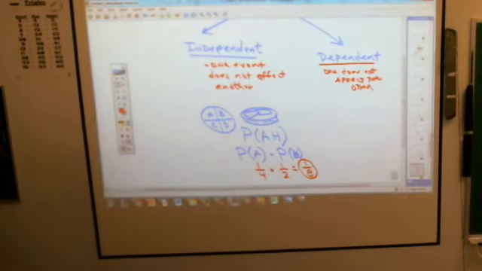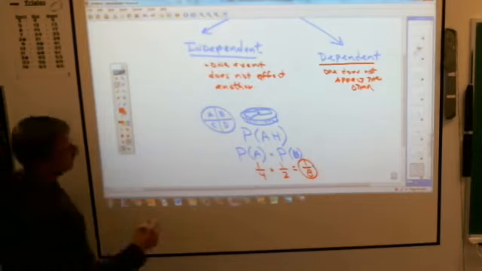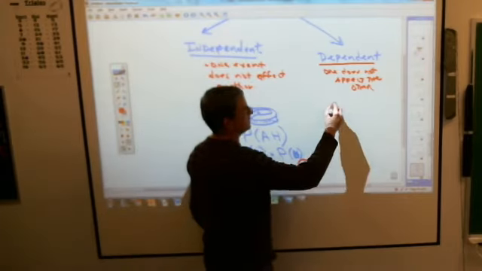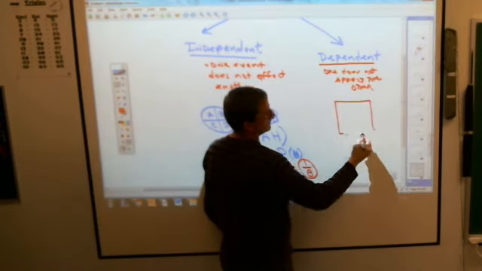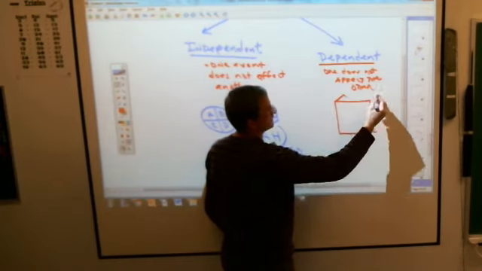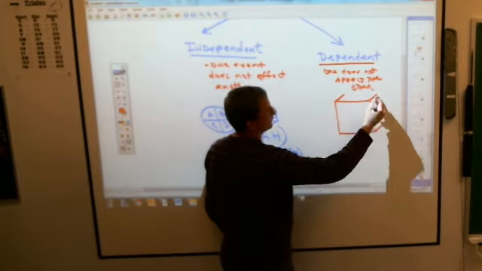Now, the other one, dependent, would be this. Let's say you've got a bag. Let's say it's a brown paper bag, or in this case, a red outline bag.